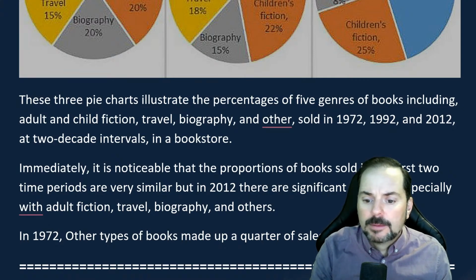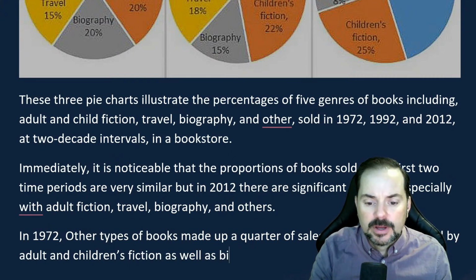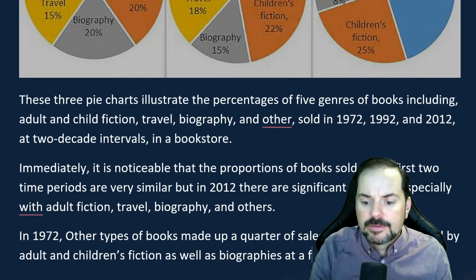and this was followed by adult and children's fiction, as well as biographies, at a fifth each.